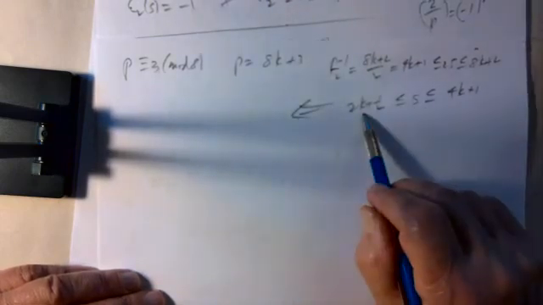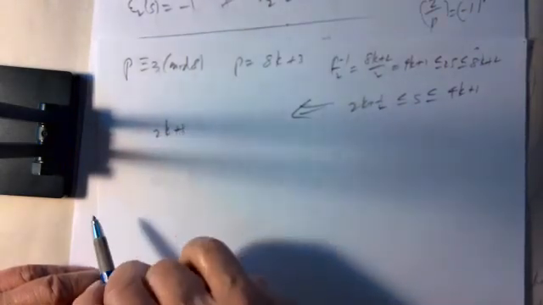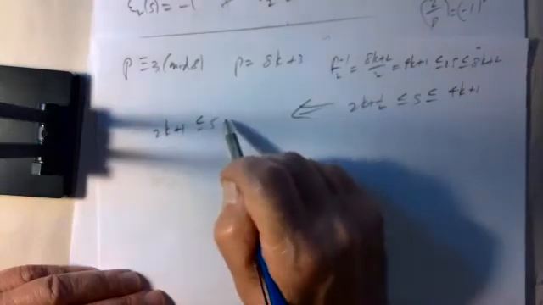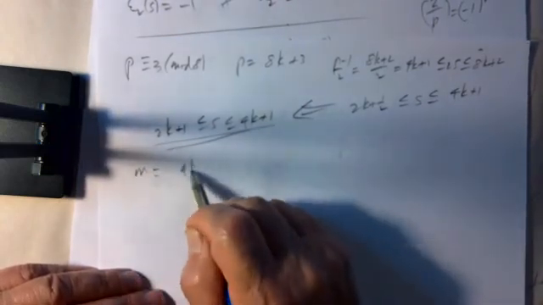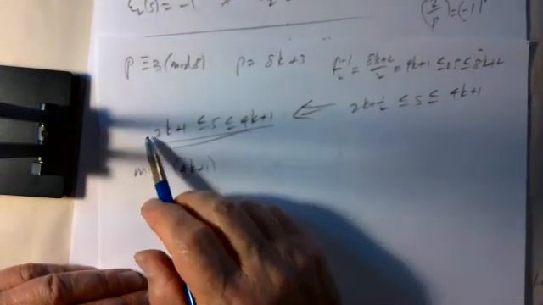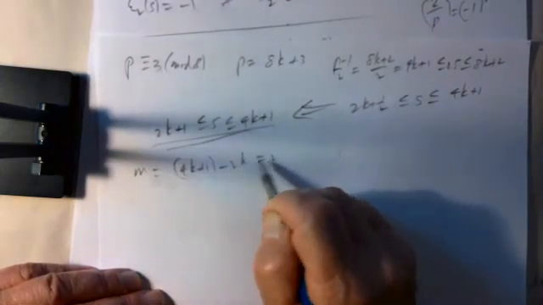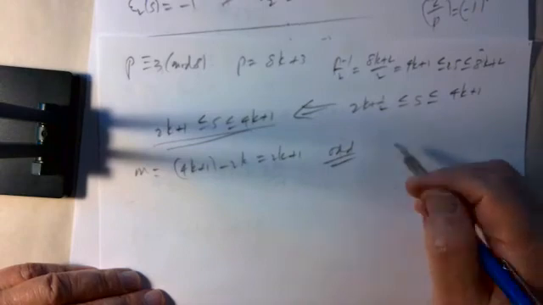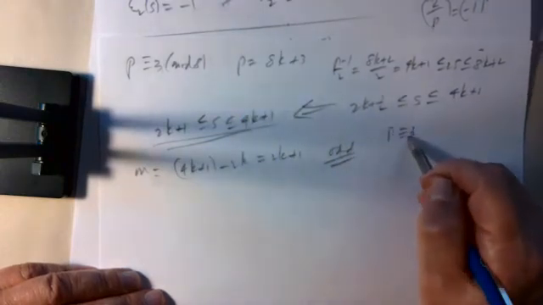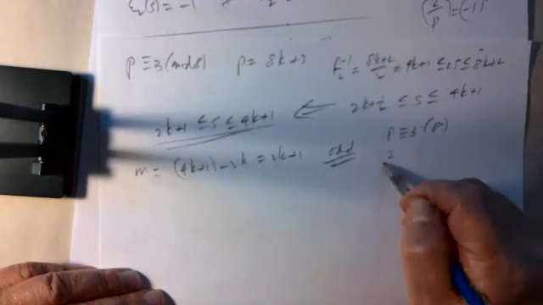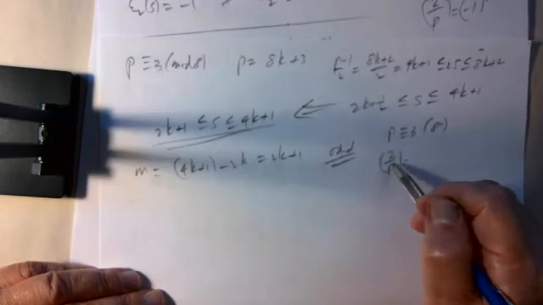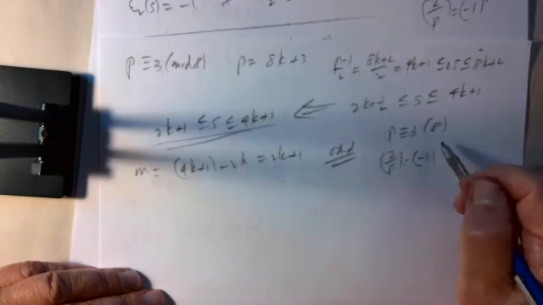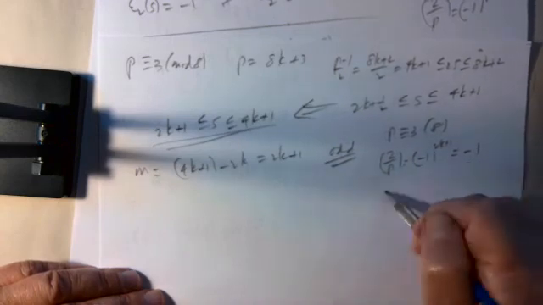Again, if S is greater than or equal to 2K plus a half, it's greater than or equal to 2K plus 1, and less than or equal to S, less than or equal to 4K plus 1. How many integers are in this set? M is equal to 4K plus 1 minus the integers from 1 to 2K. So I get 4K plus 1 minus 2K. That's 2K plus 1. That's an odd number. So if P is congruent to 3 mod 8, the Legendre symbol (2 over P) is minus 1 to this odd number, which is minus 1.